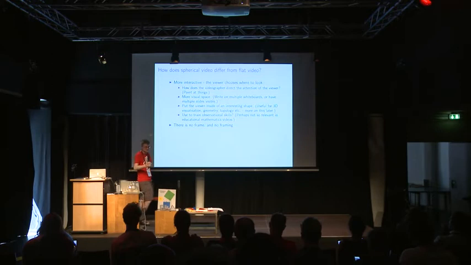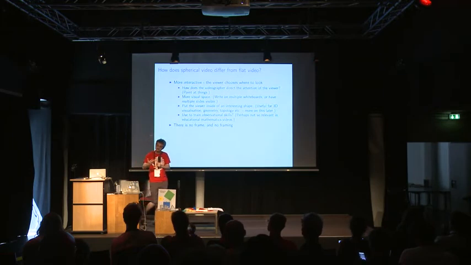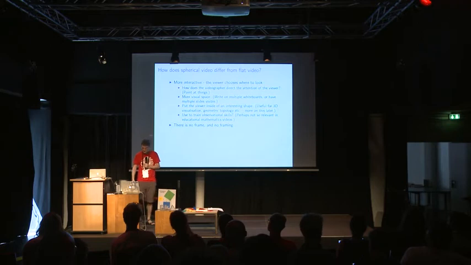So other aspects, there's no frame and there's no framing. This has relevance if you're at a parade or a protest. You can propagandize by cropping to make it look like the crowd was smaller than it is, or bigger than it is. With spherical video, you can't do that, and so in that sense, it's more honest.